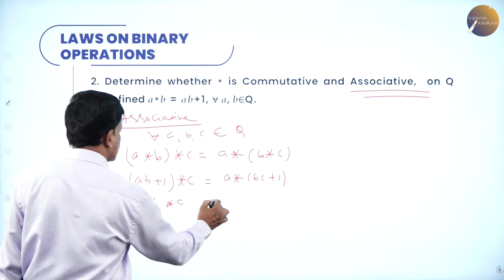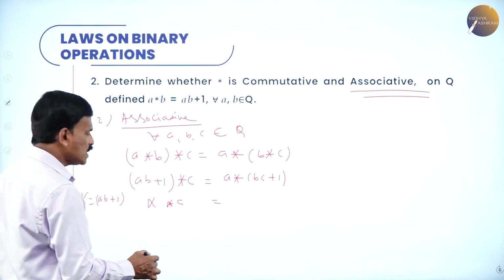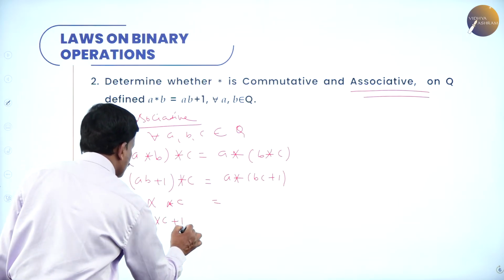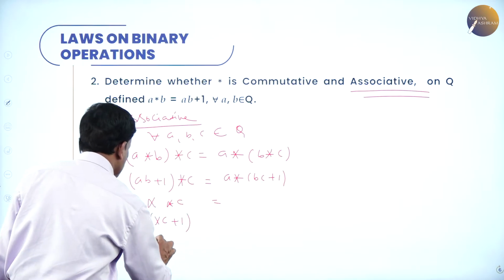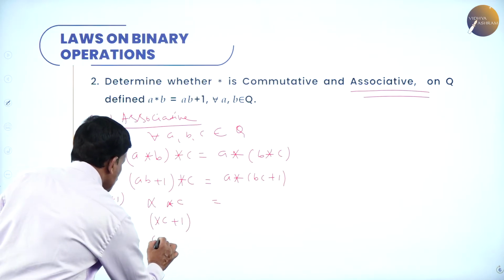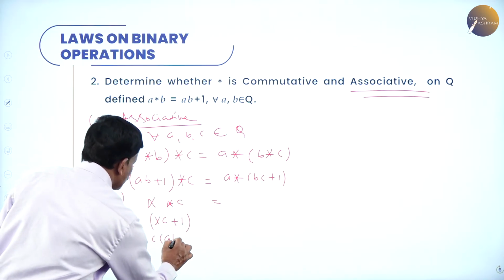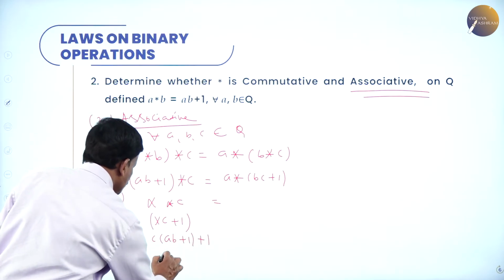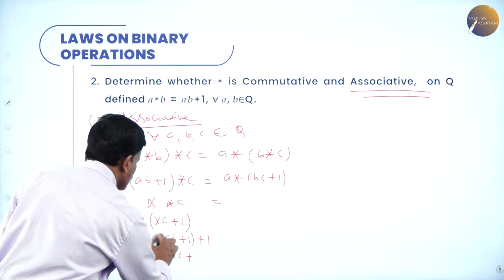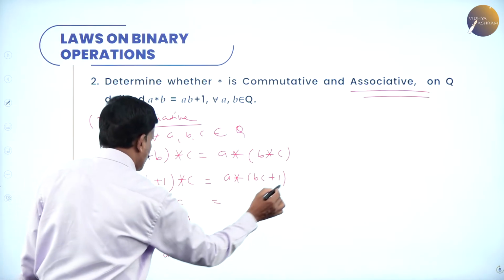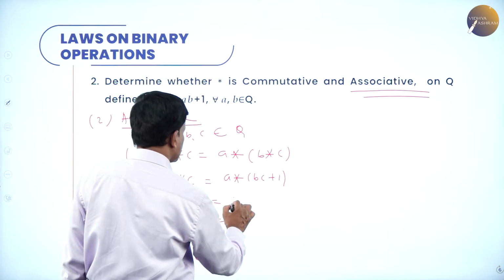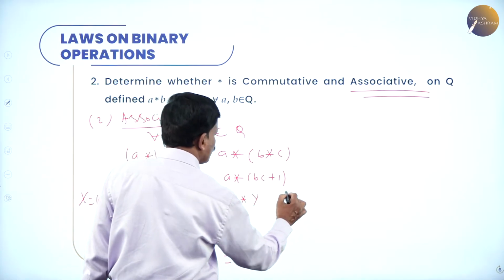Now, since X star C can also be written as X into C plus 1, that is equal to, what is X? C into (AB plus 1) plus 1. This can be written as ABC plus C plus 1. On the other hand, come to this A star, call it as Y. What is Y here?